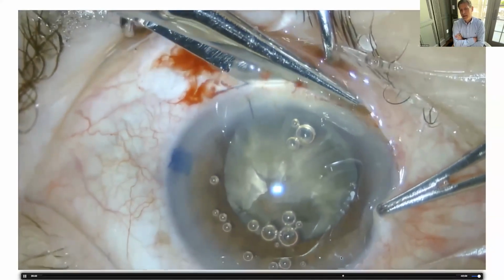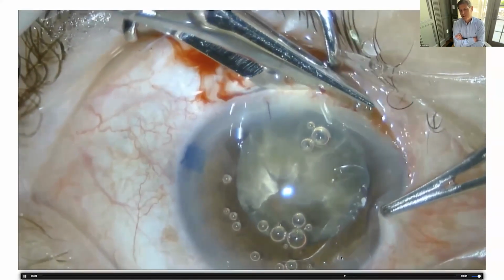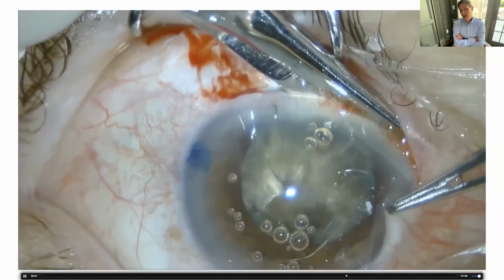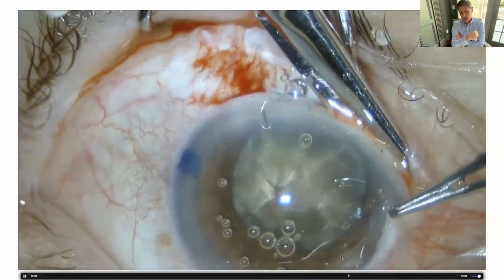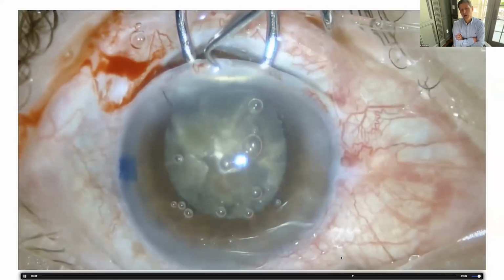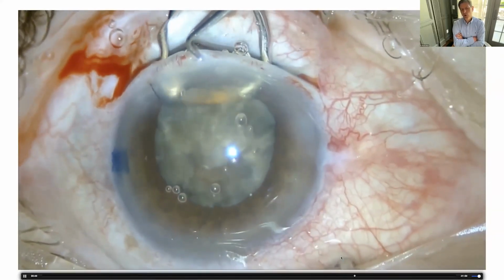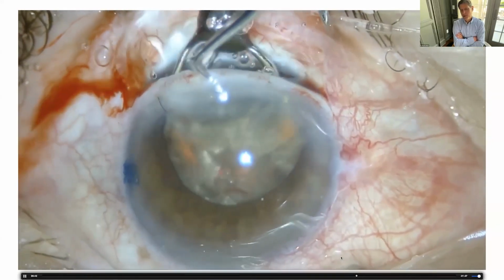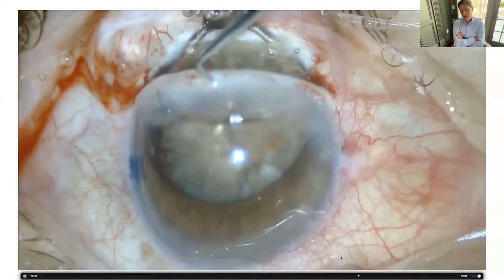Again, it's always important to use our Westcott scissors and oriented or corneoscleral scissors, doing a 45-degree angle, and then with the loop, we'll just extract that nucleus.